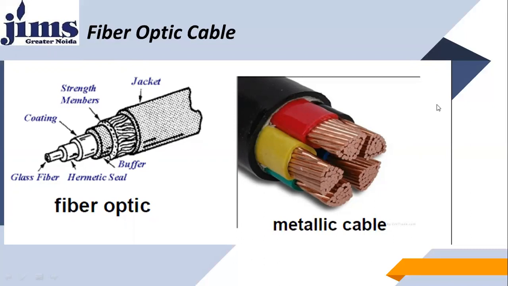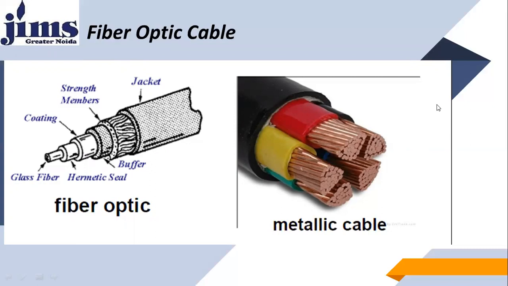All these are used to protect our glass fiber because the glass fiber is very sensitive, and in it the optical signal is propagated by the phenomenon of total internal reflection.